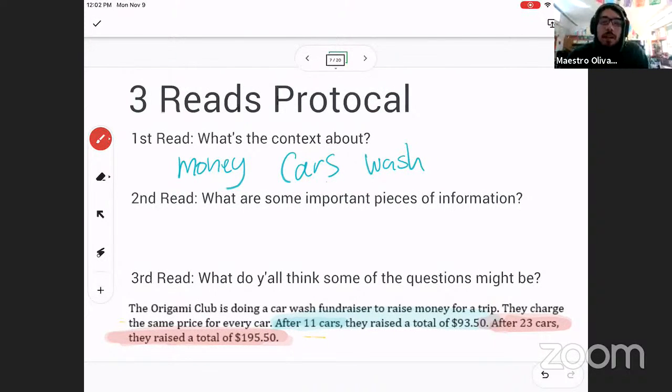You are the teacher right now. This is a situation you are giving to your students. What are some questions that they could answer about the problem? If you think you have a question that you could ask, type it into the chat.